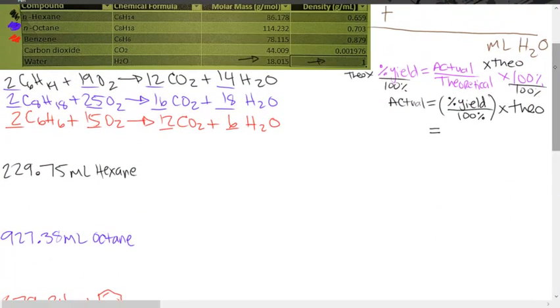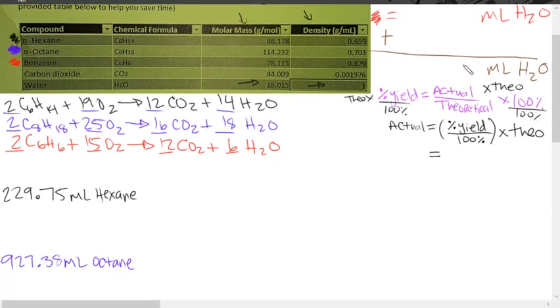so let's scroll up just enough to see that. We were given that we had 229.75 milliliters of hexane. So let's go ahead and turn that into grams. For that, we're going to use this number right here, your density, 0.659 grams per milliliter, and that's for hexane.